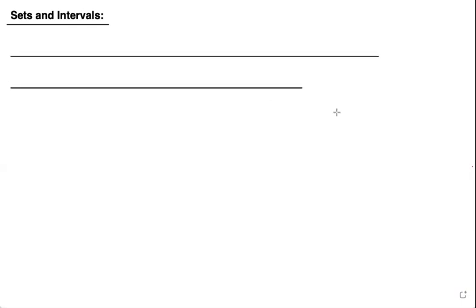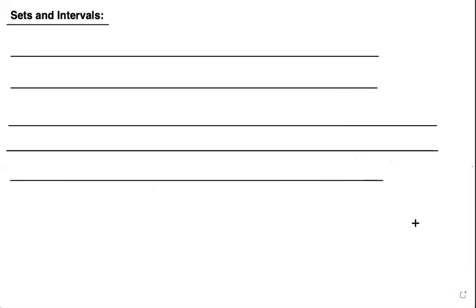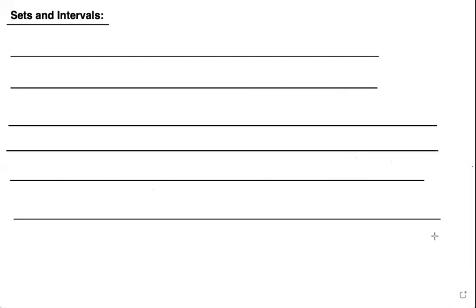So let me remind you of the notation about intervals. Suppose I have a table that looks like this, with six rows, 1, 2, 3, 4, 5, 6, and I need one more line.